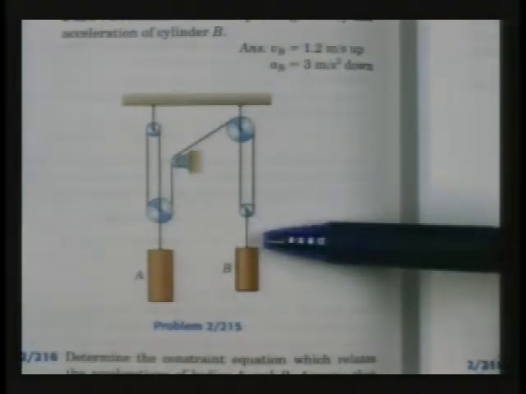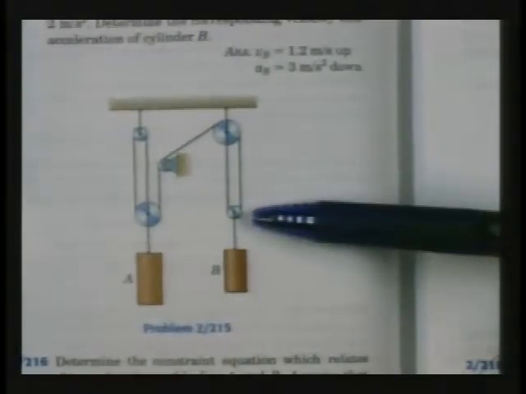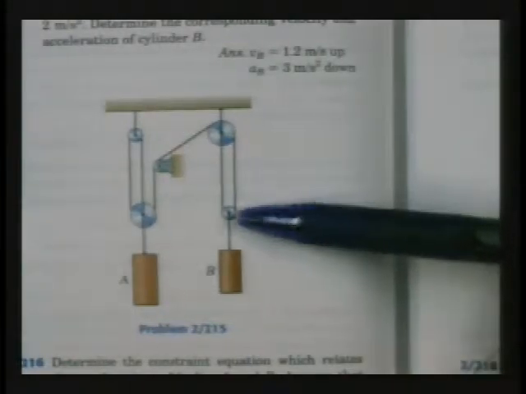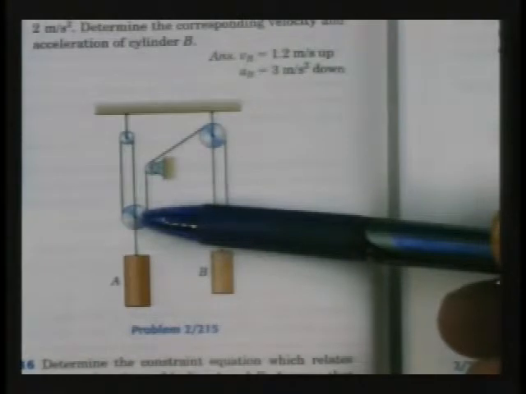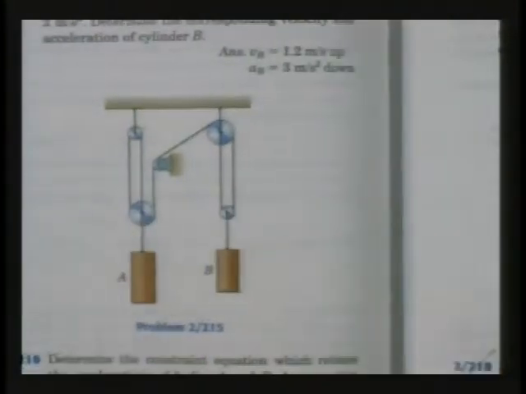So you just basically consider that body to be a fixed particle where it's attached to the pulley. Same thing over here. I would consider this the physical position of body A. And you'll see when we start doing some problems how this works.